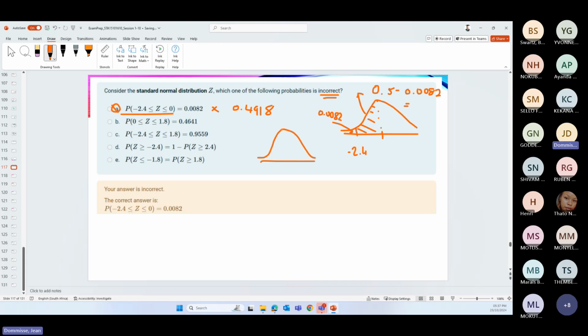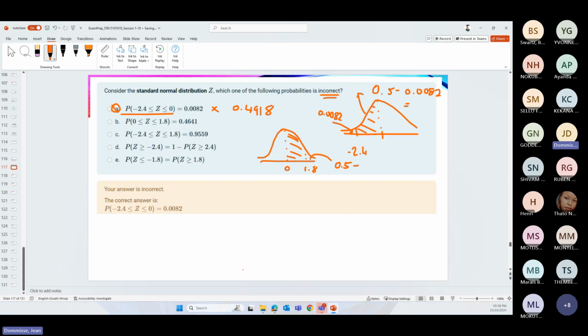Between 0 and 1.8 would be that area. So again, we can check what that small area is, and then we can again say 0.5 minus that small area.